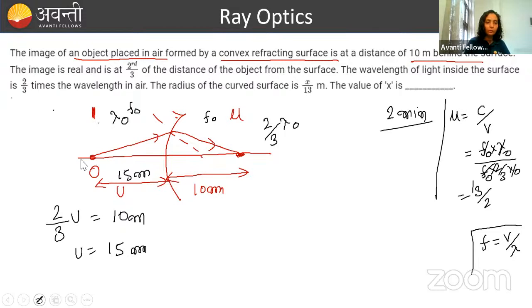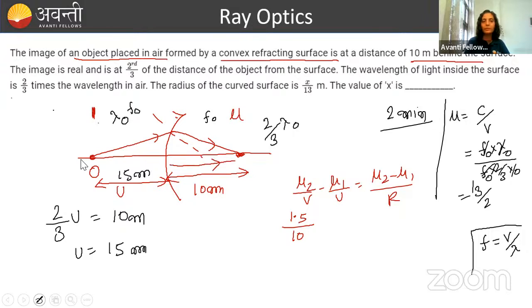And what's the formula? The formula is mu2 by v minus mu1 by u equals mu2 minus mu1 by R. Again, mu2 is the refractive index of the medium in which light is getting refracted. So this is 1.5. v is given, that is 10, and we will take its sign convention as plus, because the distance of the image we are measuring in the direction of incident light.